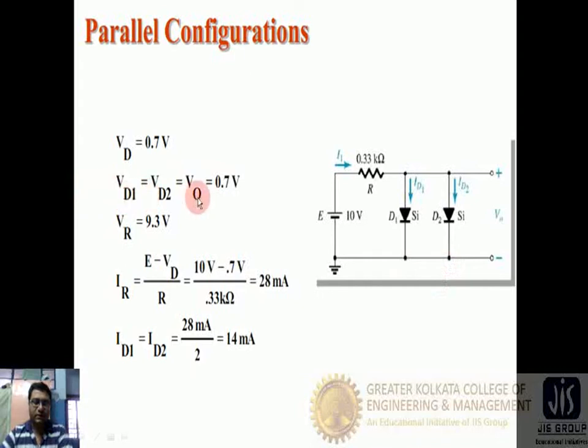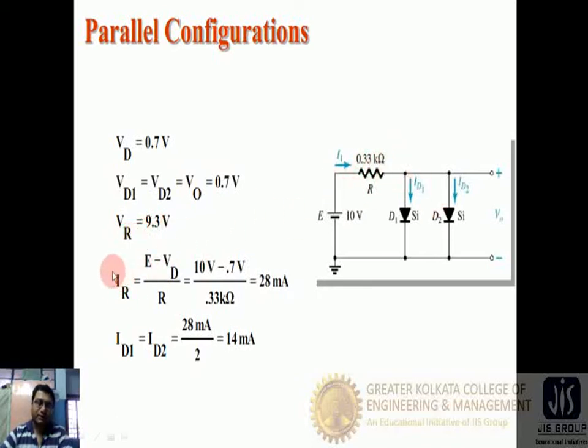So VO is 0.7 volt, and we have applied a 10 volt battery. So we get 10 volt minus 0.7 volt, that is 9.3 volt across the resistance. It is the 9.3 volt which is the voltage drop across the resistor.